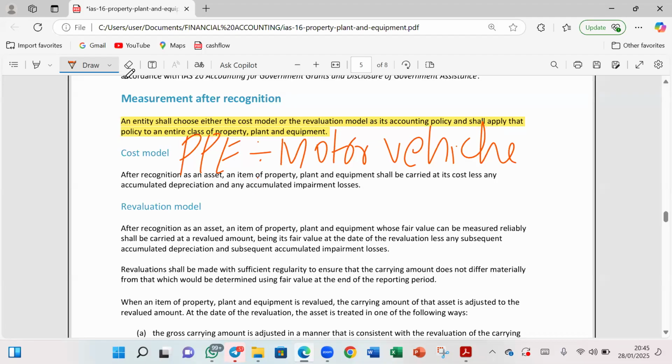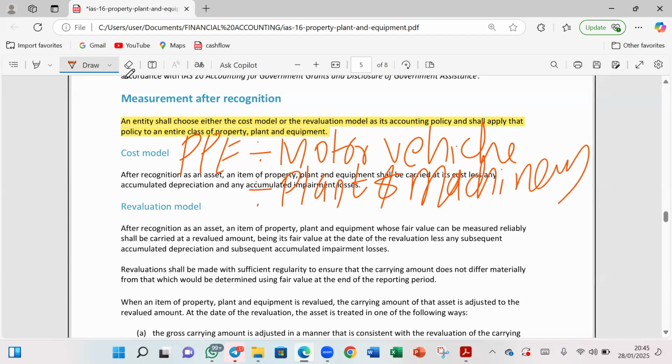Another item, plant and machinery, equipment. Then you have furniture and fittings. What else? Land. You can also put land.